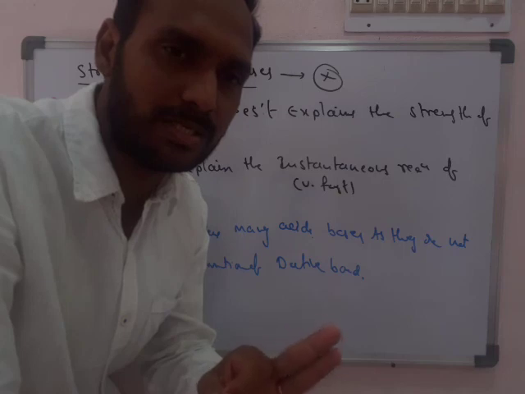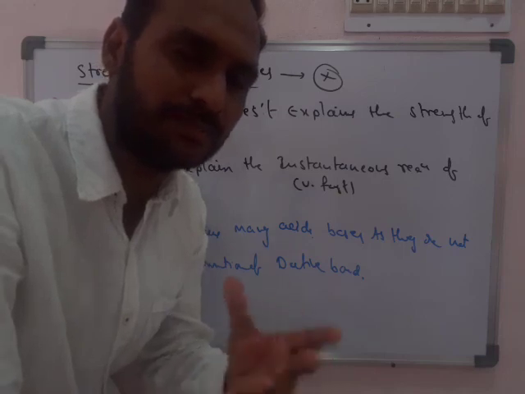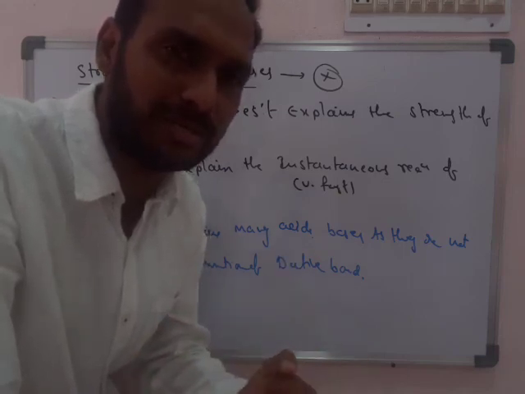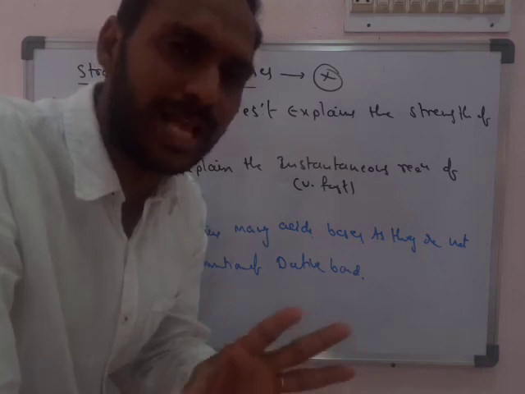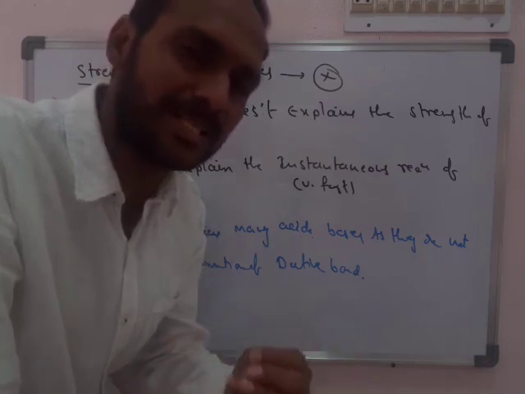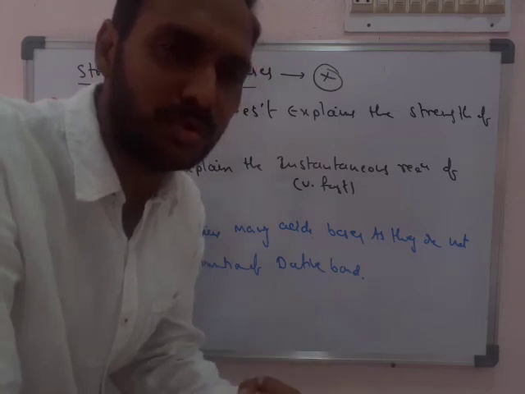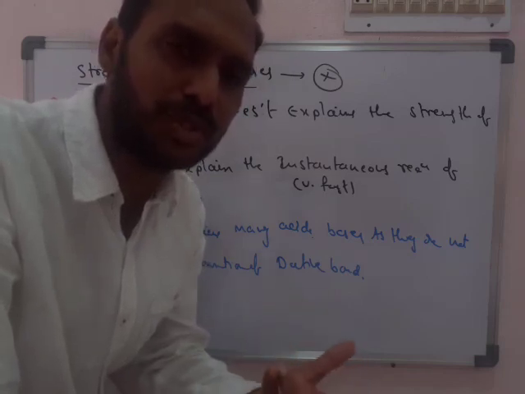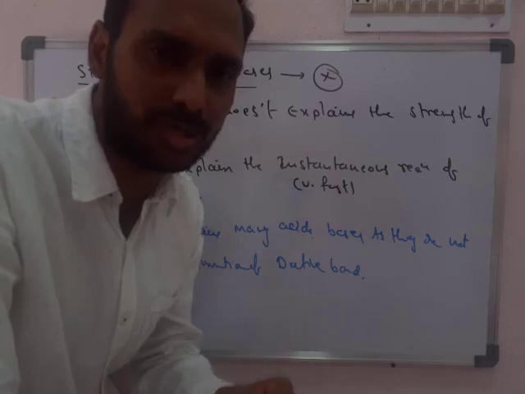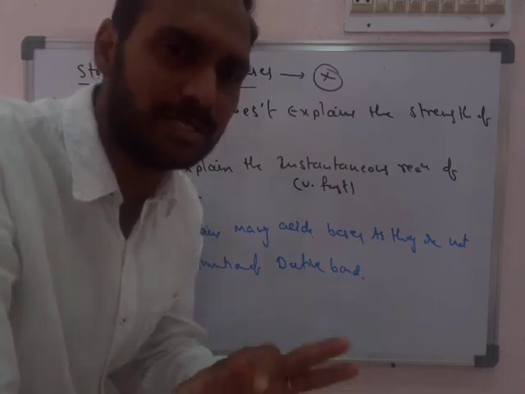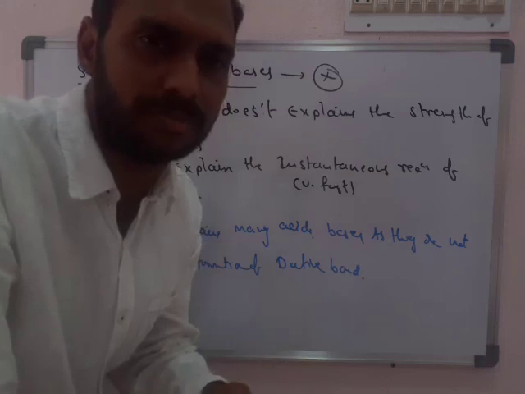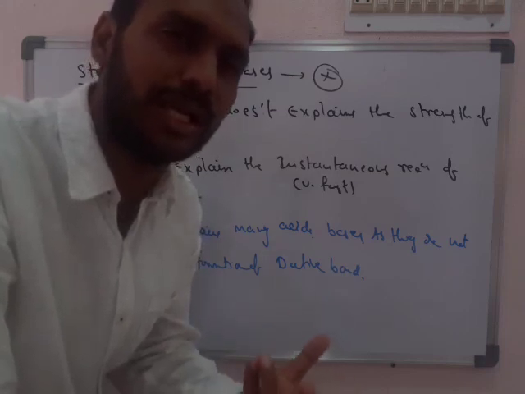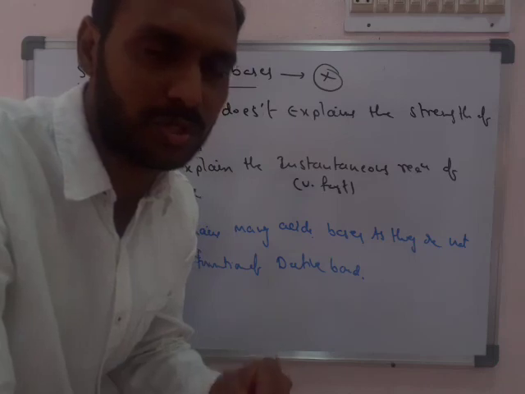According to this theory, for a species to be an acid it must accept the electron pair, and when it accepts the electron pair, other compounds should be there to donate the electron pairs. So it also explains the acids and bases only in the presence of other compounds which can donate and accept the electron pairs.